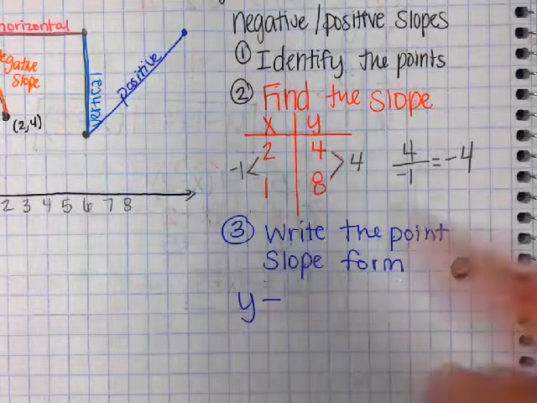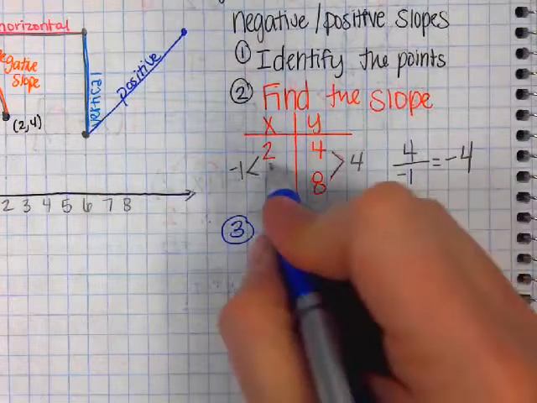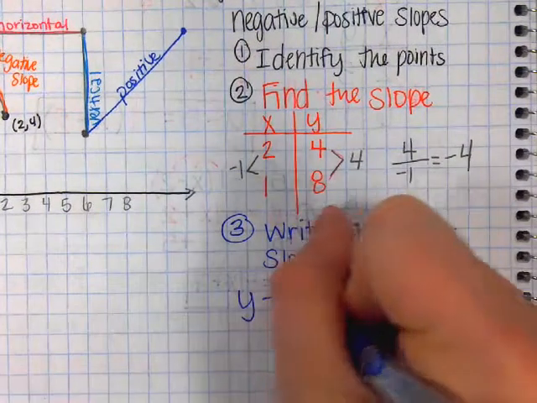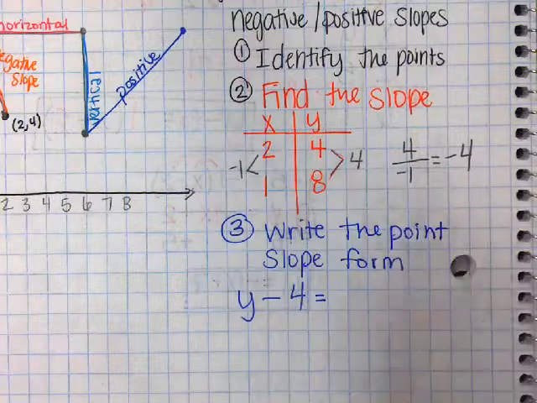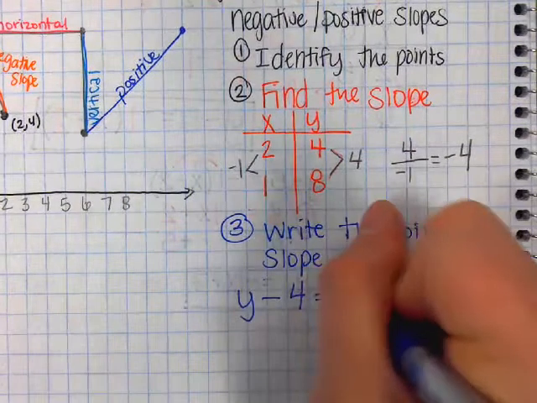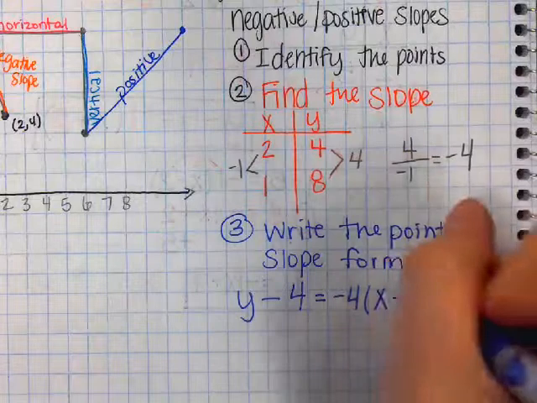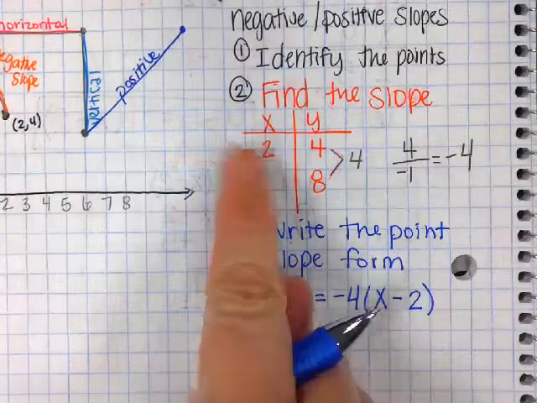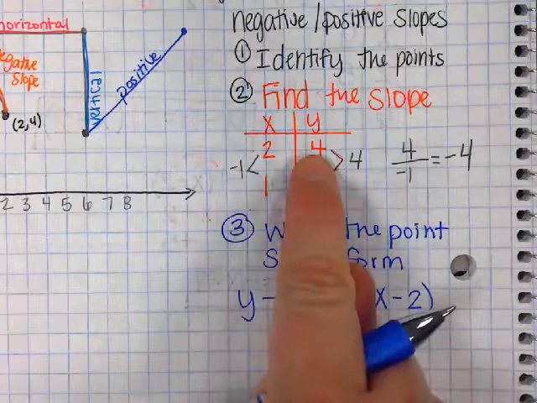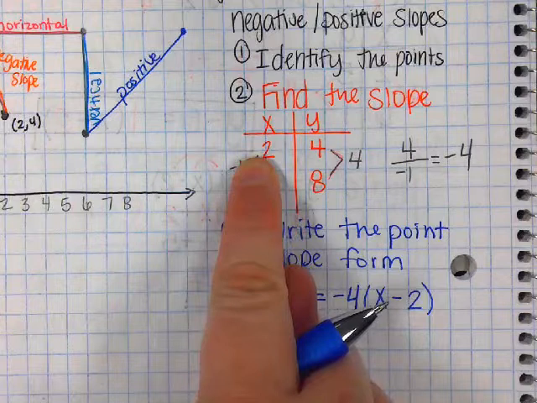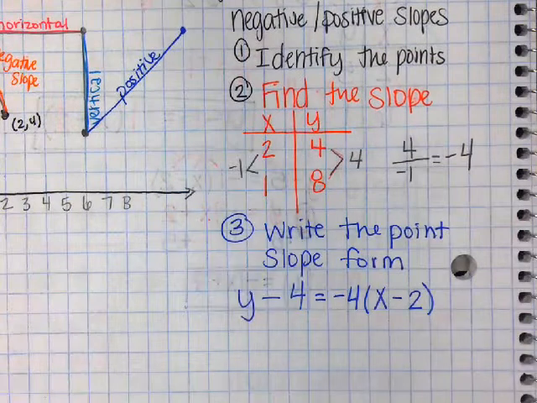It doesn't matter which point you use. Again, just use whichever one you use first. So it's going to be y minus 4 equals the slope, which is negative 4, parentheses x minus the x coordinate of the same point. Make sure if you use this y value, you have to use this y value or x value.